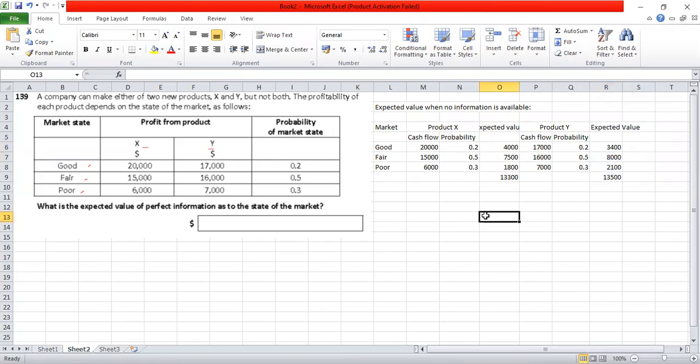So when no information is available, expected value of product X and expected value of product Y will be calculated. Then a comparison would be made about which one is more profitable.